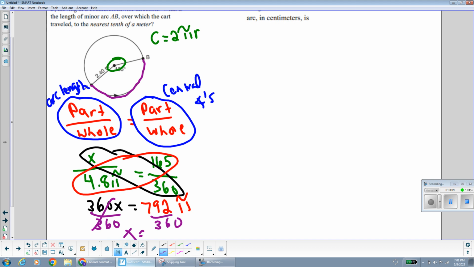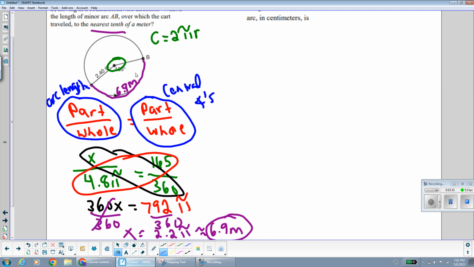I got 2.2 pi. And the question does say to round, so I do need to multiply by pi in my calculator. I got approximately 6.9 meters. So the length of arc AB is approximately 6.9 meters.